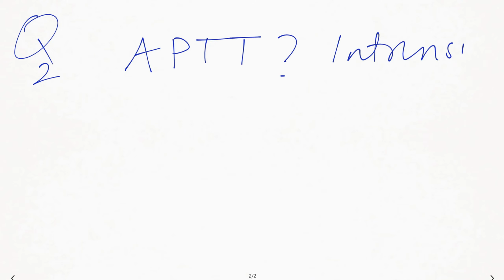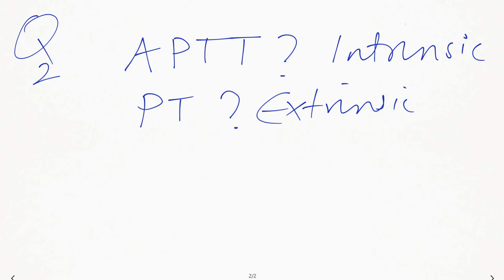So he may ask you what APTT tests, and the answer is it tests the intrinsic pathway. What PT tests, and the answer will be the extrinsic and the common pathways.